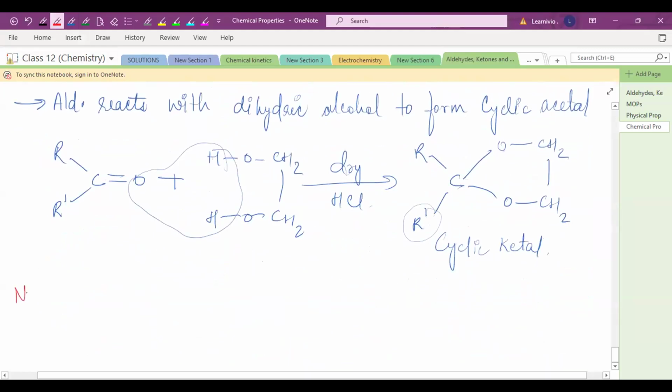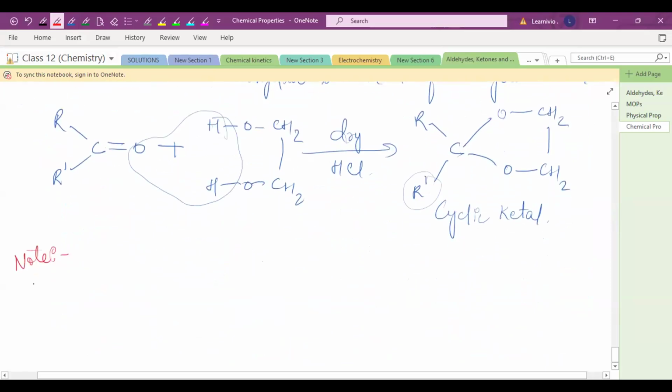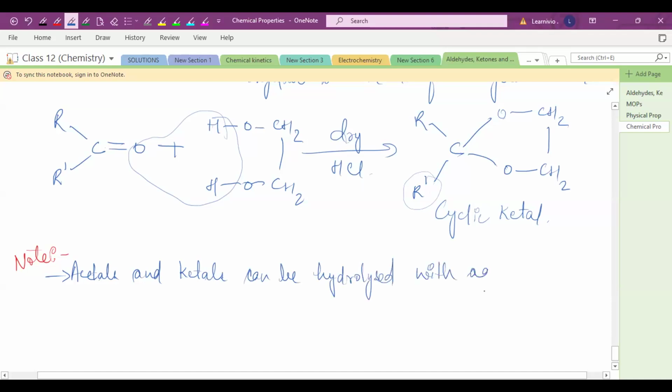In the notes you can write down: acetals and ketals can be hydrolyzed with aqueous mineral acid.